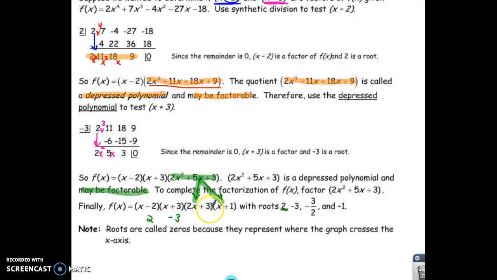Take the opposite of this, which would be negative 3 over 2. There it is. And take the opposite of this and put it over that, and we get a negative 1. So these numbers right here represent our roots. And that's what you're going to do in today's lesson. You're going to be finding the roots, as well as all of the factors. These are the factors, these are the roots, and that's what you'll be doing in today's lesson.